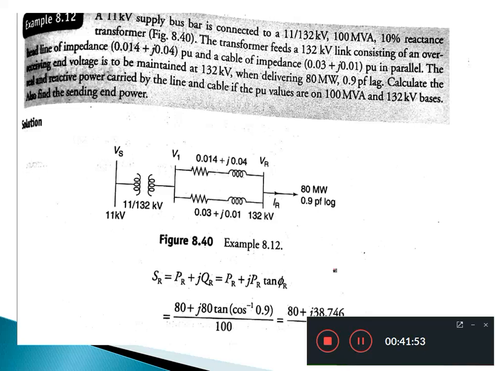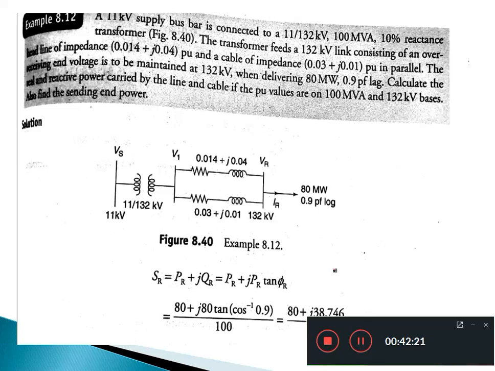An 11 kV supply bus bar is connected to an 11 kV/132 kV, 100 MVA, 10% reactance transformer. The transformer feeds a 132 kilovolt link consisting of overhead lines of impedance 0.014 plus j0.4 pu and a cable of impedance 0.03 plus j0.1 pu in parallel.